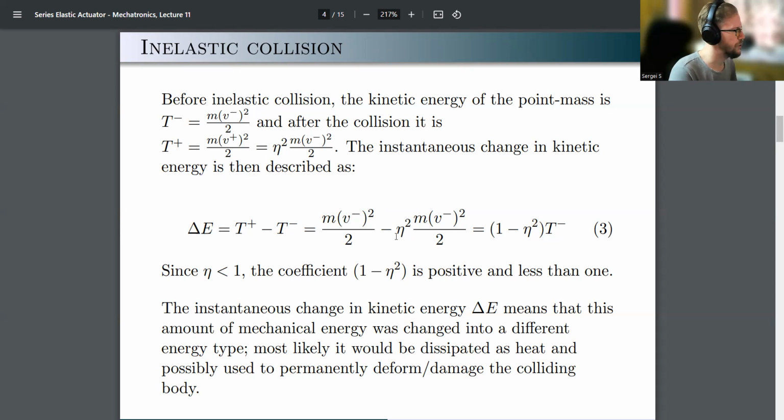The eta should be here. Thank you, it's very good. And that makes sense because T plus is less than T minus, so this would be a negative value. What I should do here is just, as you suggest, put minus here, plus here, to be correct. Thank you, very good. Good catch. Thank you, Ruslan.